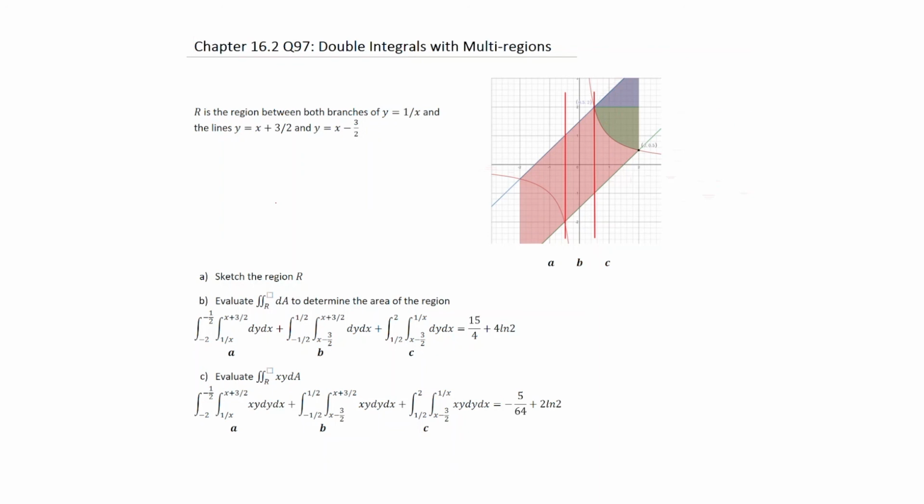Second step is to evaluate the integral over the region, that is the area, and determine the area of the region. Well, the first thing you would want to check here, given that the region is this here and here, is to make sure that the bounds of the region are continuously differentiable.